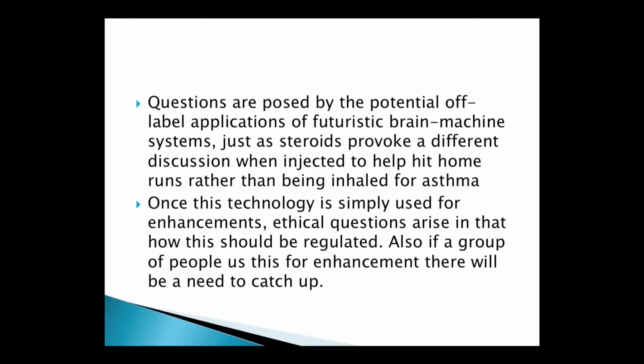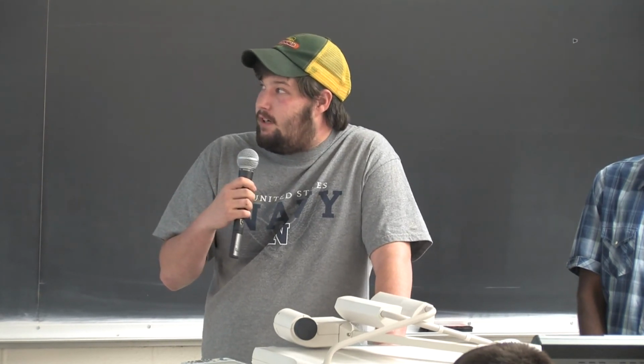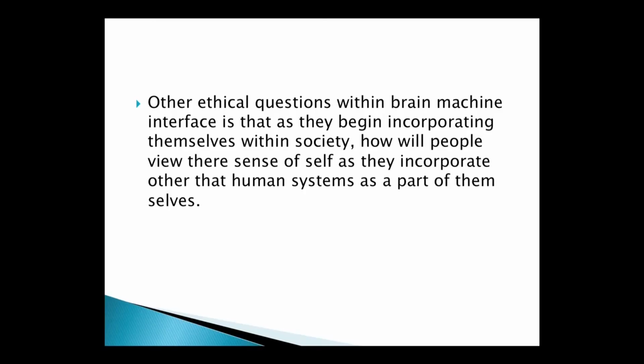Questions are proposed by potential off-label applications of these brain-machine interface systems, just as steroids provoke a different discussion when injected to help hit home runs rather than being inhaled for asthma. Once this technology is simply used for enhancements, ethical questions arise about how this should be regulated. Also, if a group of people use this for enhancement, will there be a need to catch up?